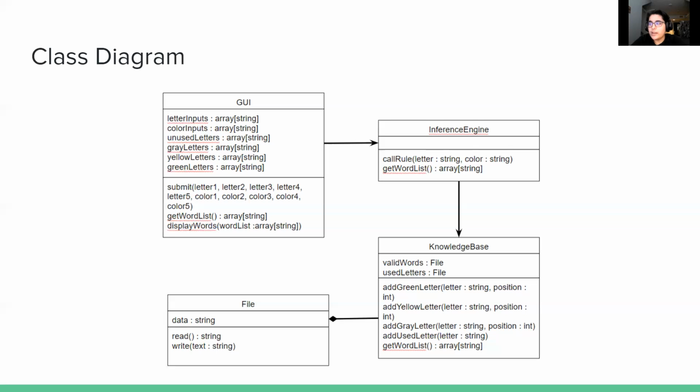So on the knowledge base side, you have valid words and used letters represented as a file object, and that file object simply just contains some data in the form of a string. It allows you to read and write. And the add green, yellow, gray, and used letter simply just updates the rules, and the get word list retrieves the fact.